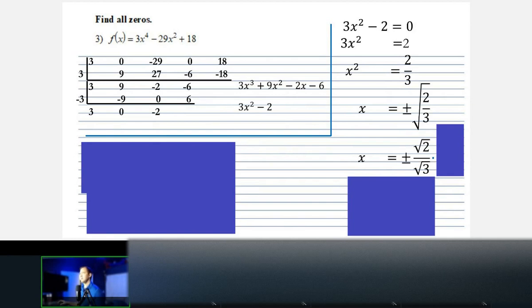Now we can't stop here. We have to rationalize the denominator. Remember, we can't have radicals on the bottom portion of fractions ever in solutions. So we're going to multiply this fraction by rad 3 over rad 3.